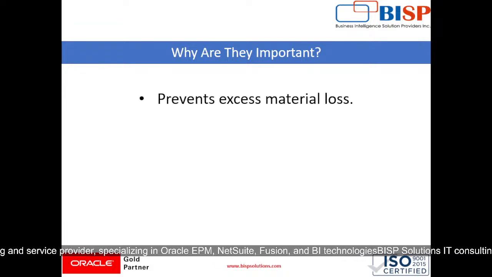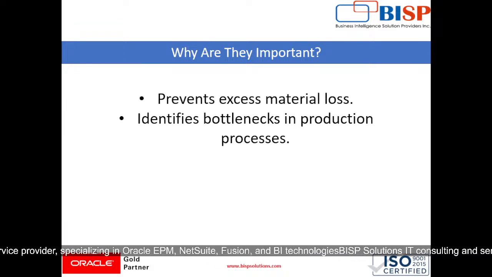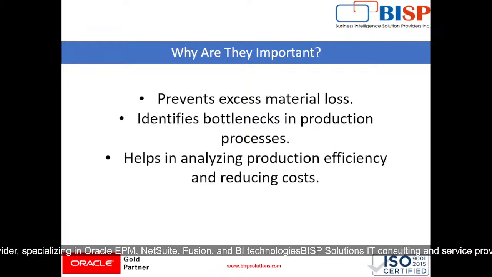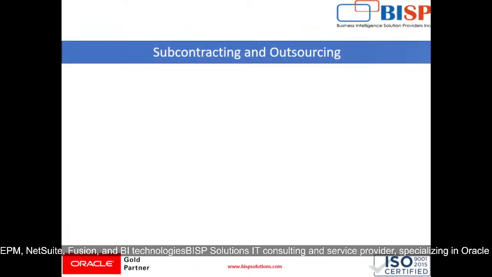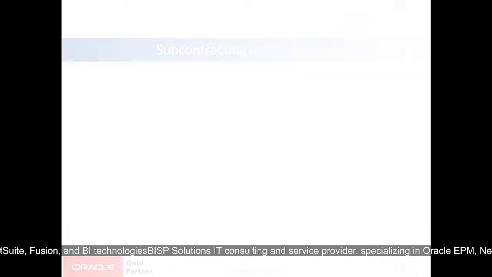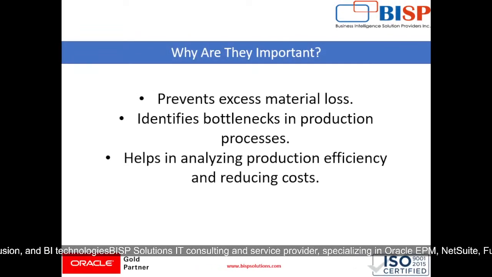It prevents excess material loss, identifies bottlenecks in production processes, and it helps in analyzing production efficiency and reducing cost. So for example, if 1000 units are produced but 50 are defective, the yield is 95% and 5% is scrap.